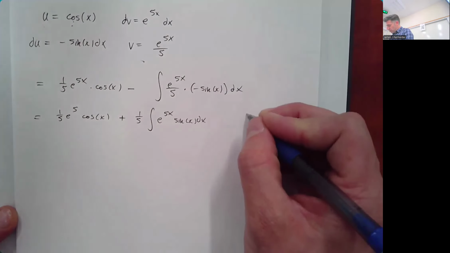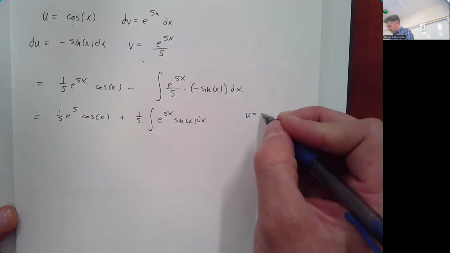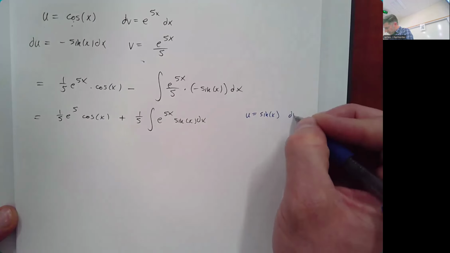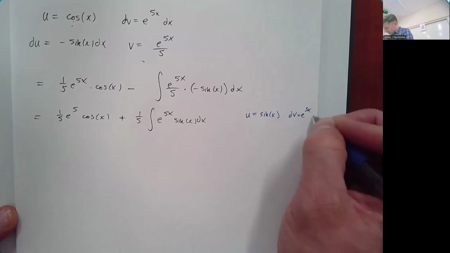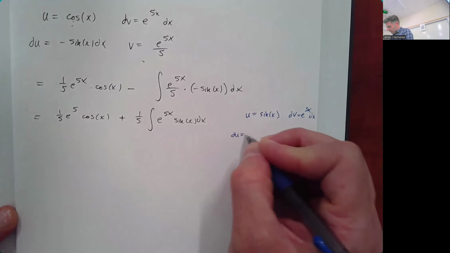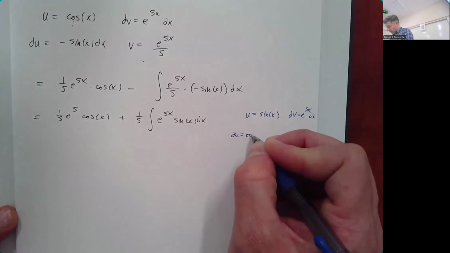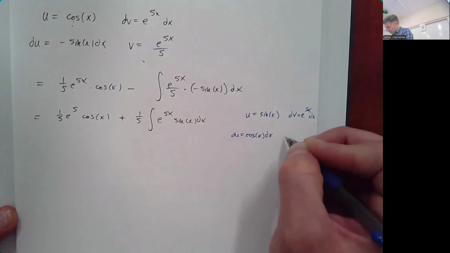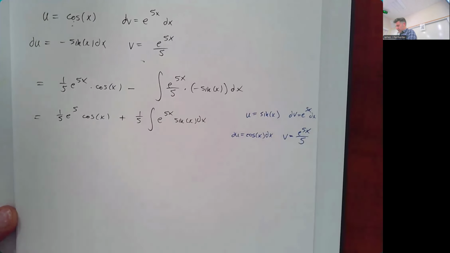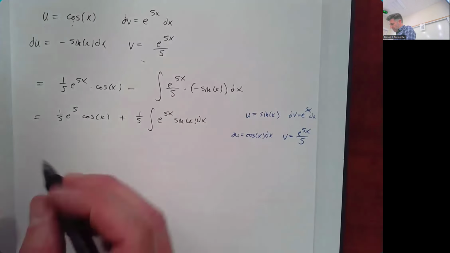So letting u equal sine of x this time, and dv equaling e to the 5x dx, our du is positive cosine of x dx, and our v once again is e to the 5x divided by 5. So now we're going to write this out again.